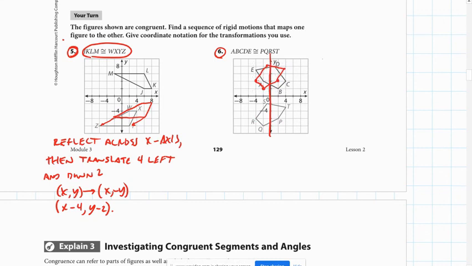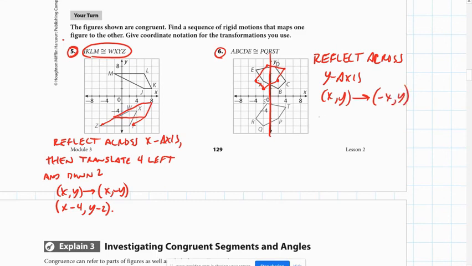So first it's a reflection across the y-axis. That would be (x, y) gets sent to (-x, y).